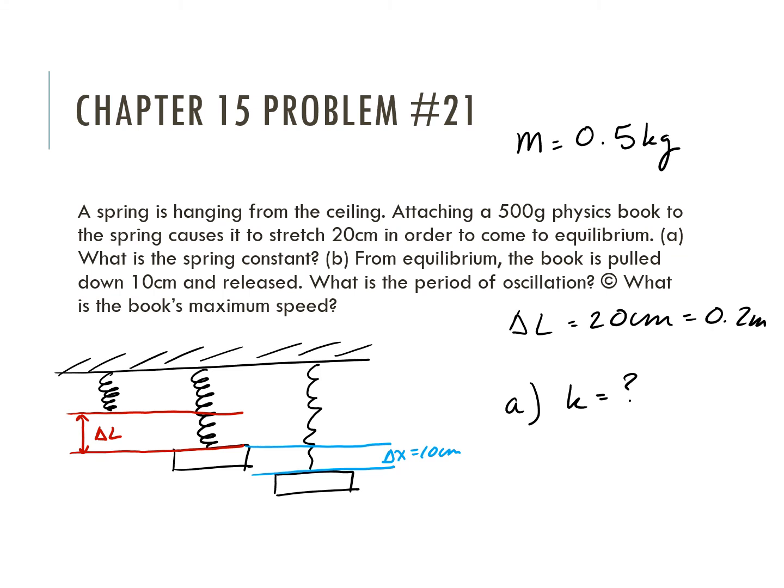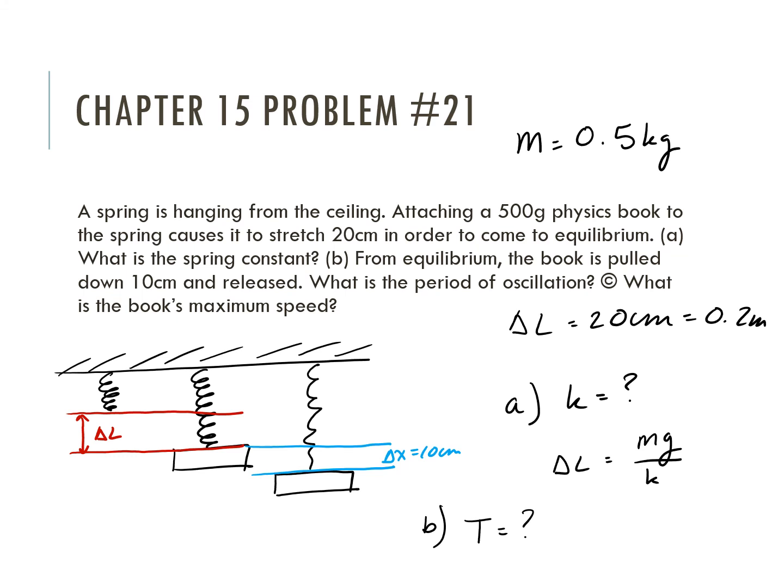If we go back to learning about calculating delta L, we saw that delta L was equal to mg divided by k. So we're just going to be able to use that particular equation. In part B, we want to find the period.